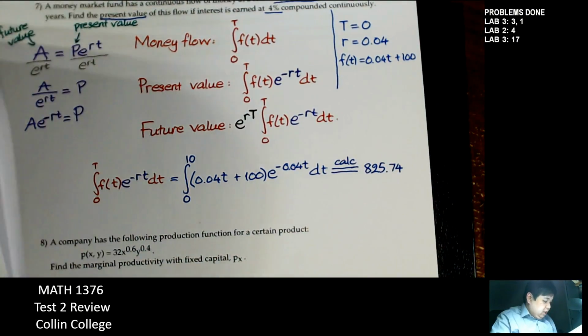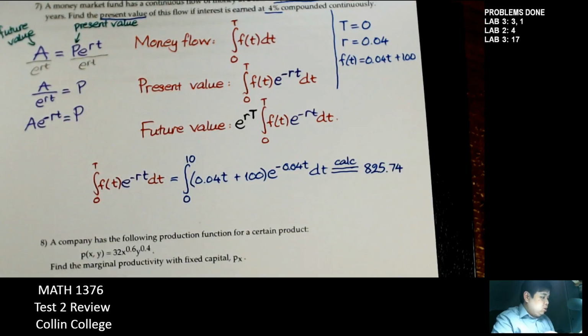I want to go to lab 3, number 22, because that is the future value problem.